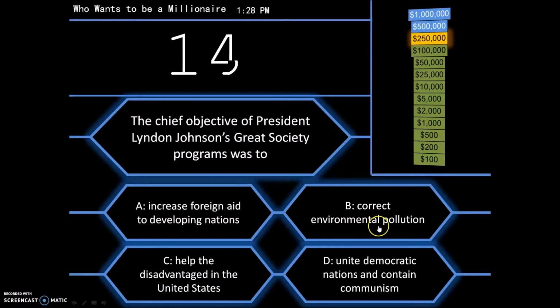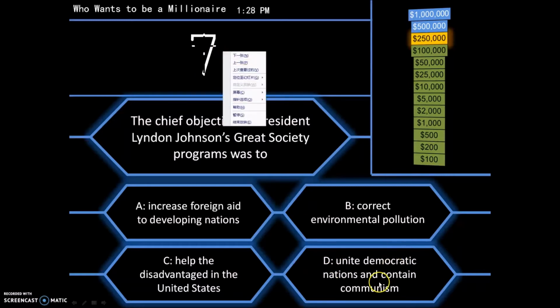B, correct environmental pollution. C, help the disadvantaged in the United States. And D, unite democratic nations and contain communism. So this one, the Great Society program, is actually a continuation of the New Deal that supported the disadvantaged, primarily focusing on ending poverty, and our answer is C.